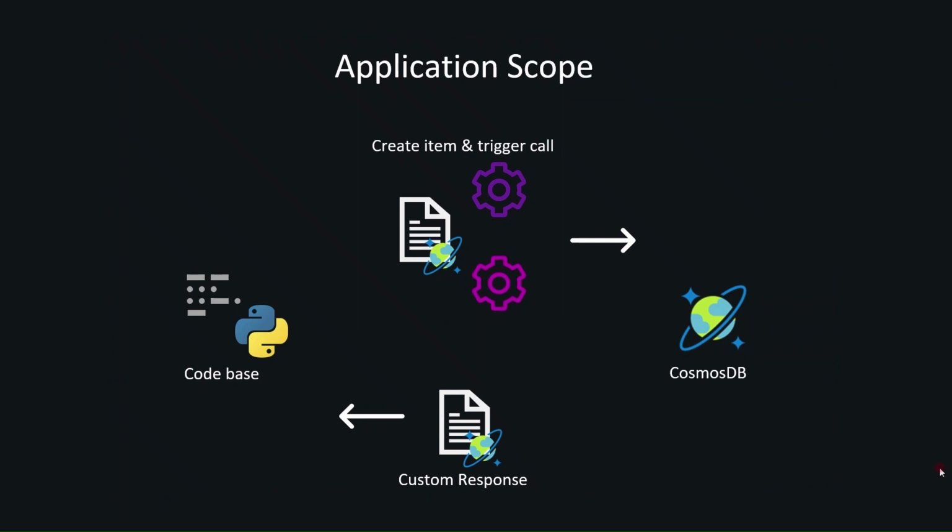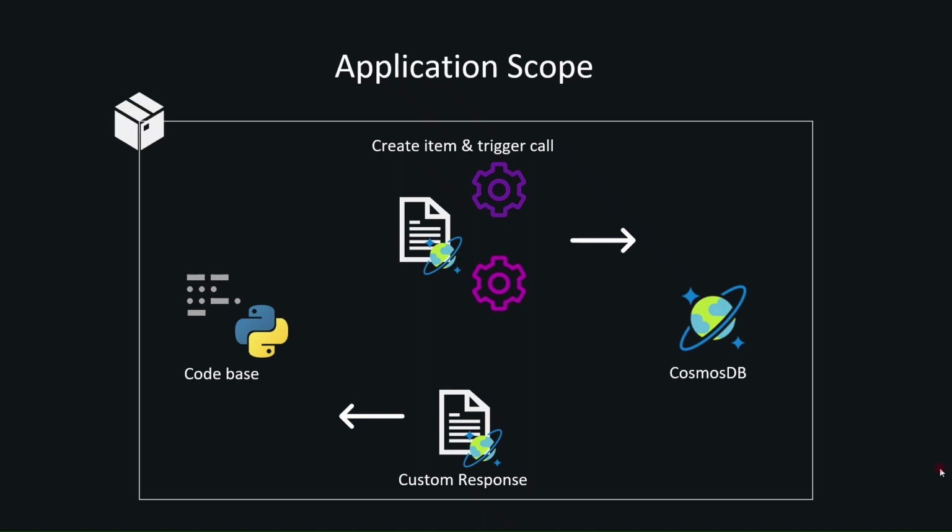And we noticed that the entire application scope is essentially a code base that takes a random movie from a CSV file, creates an item with a pre-trigger and a post-trigger, and CosmosDB returns a custom response based on that code. So we need to package this entire thing, right?